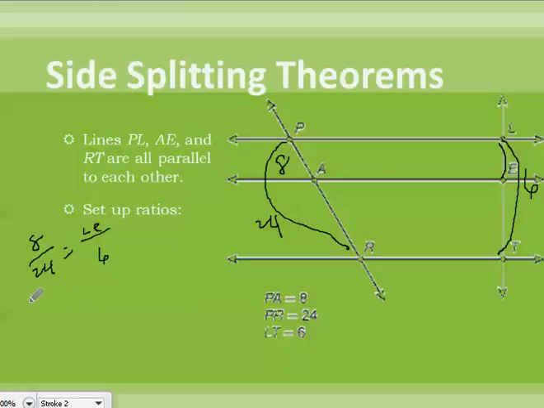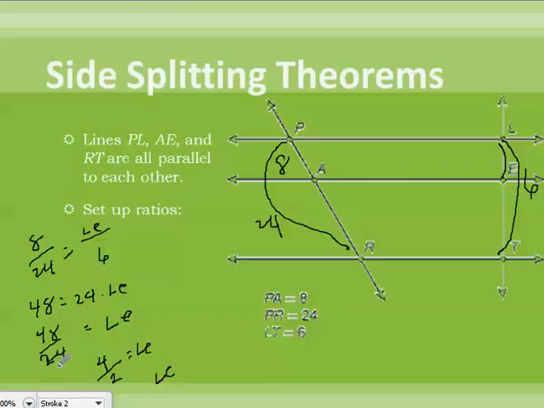Means and extremes. 6 times 8 is 48 is equal to 24 times LE. LE will be equal to 48 over 24. Okay? So let's take a 12 out of both of them. That gives me a 4 out of 2 is equal to LE.